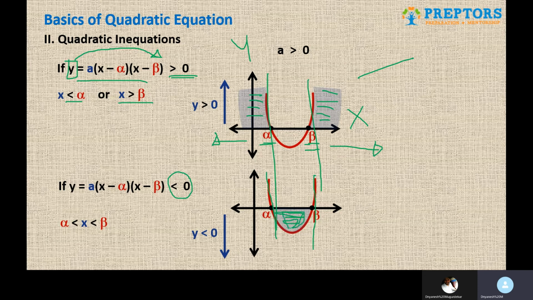That's a simple idea that you can remember, which will help you throughout your inequation portions, and that remains constant, and this simplifies a lot of things. Even if you are confused, you know which values are supposed to be considered. So that's how you need to do quadratic inequation.